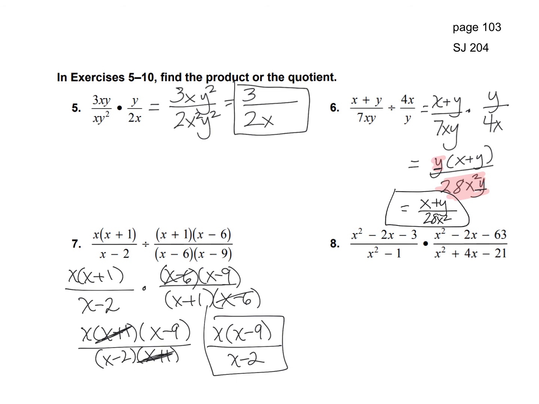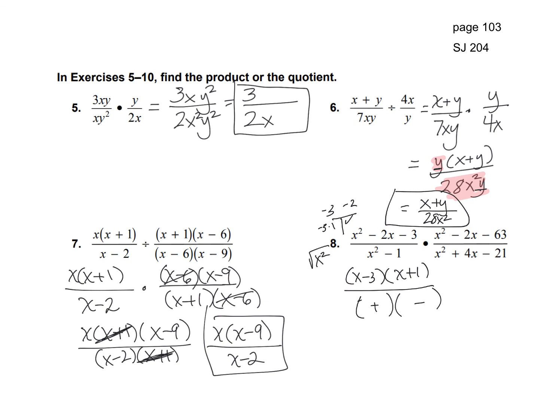For number 8, it's already multiply, but I need to factor. Both numerators and both denominators can factor. So the first numerator, factors of -3 that will give me a sum of -2 would be -3 times 1. So I would have x minus 3 times x plus 1. In the denominator, I have a difference of squares, two empty binomials, one with a plus sign, one with a minus sign.